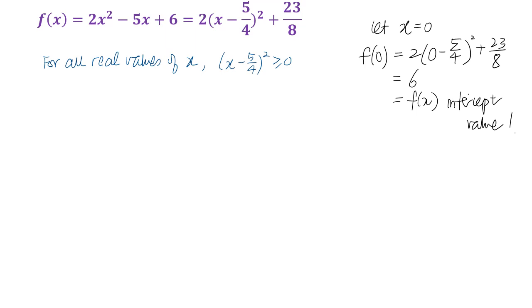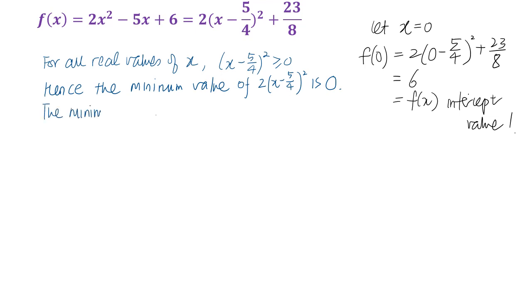It can be anything more than or equal to 0. So if the minimum value of the square of x minus 5 over 4 is 0, if you multiply it with the 2, the minimum value is still 0. And so therefore, the minimum value of your f(x) will be 23 over 8.